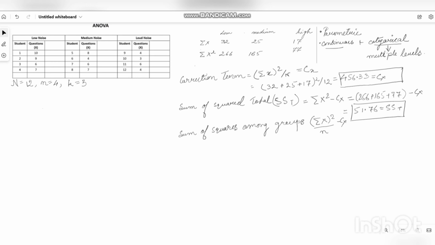That comes out to be something like this. And over here n is 4. Summation of x square, we'll sum them up and then square it. Cx is this 456.33, and this value comes out to be 28.17. And this is denoted as SSA, sum of squares amongst groups.